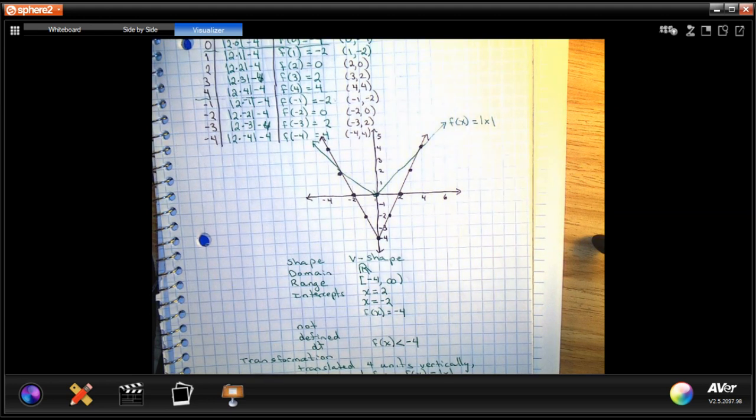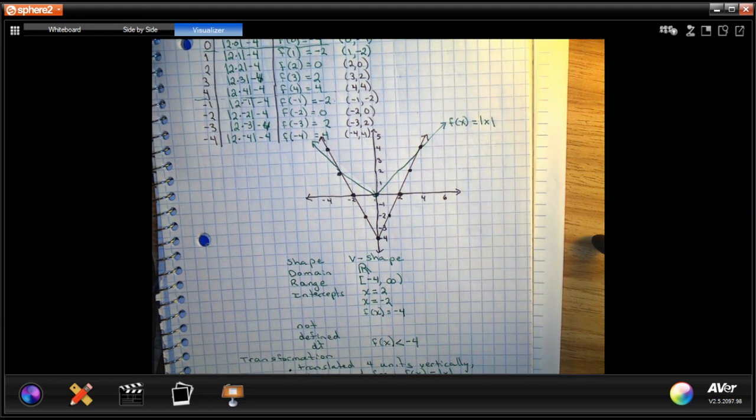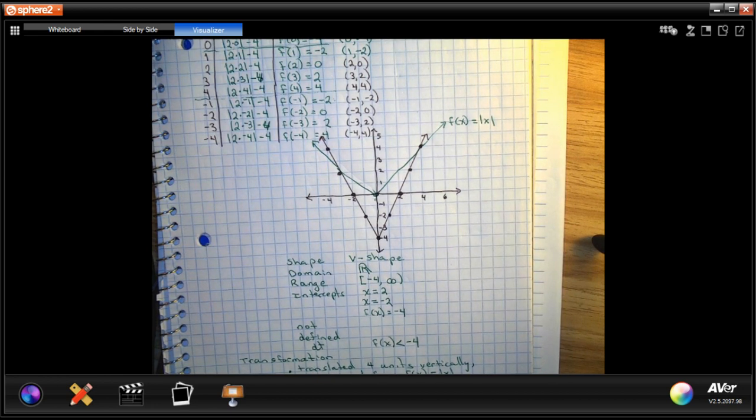So the other transformation is a vertical stretch by a scale factor of 2.